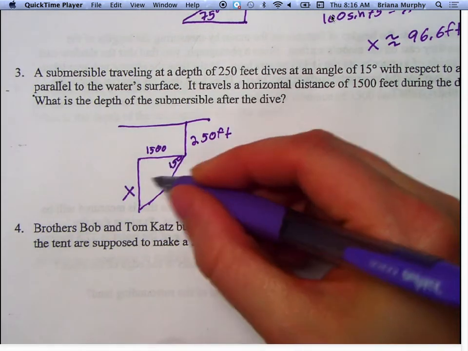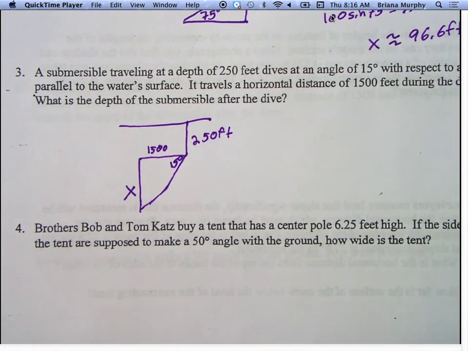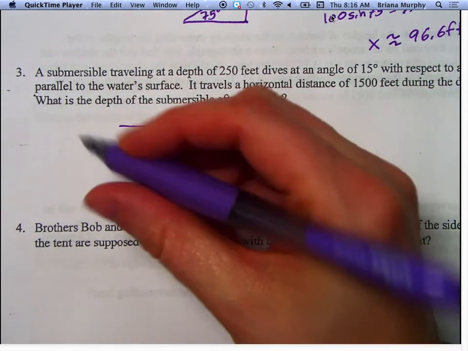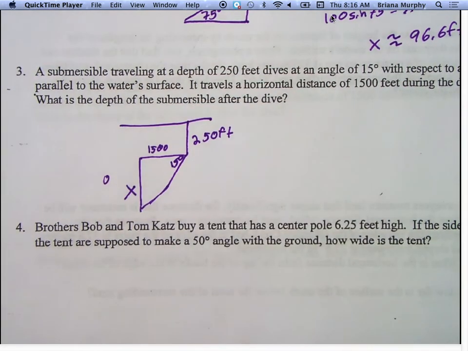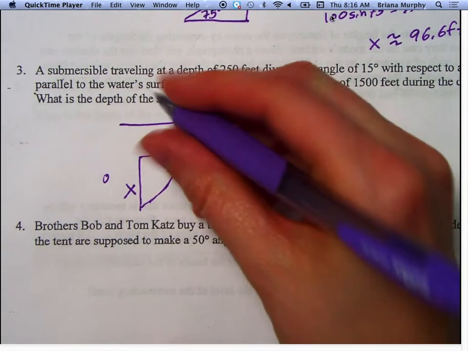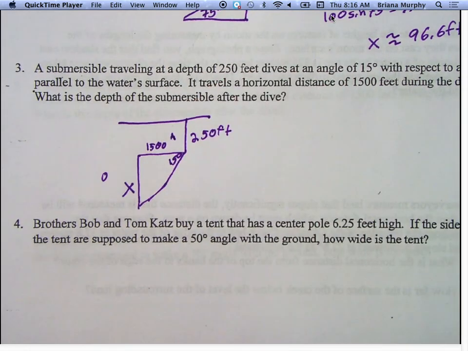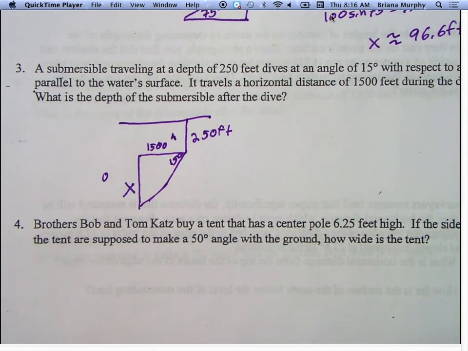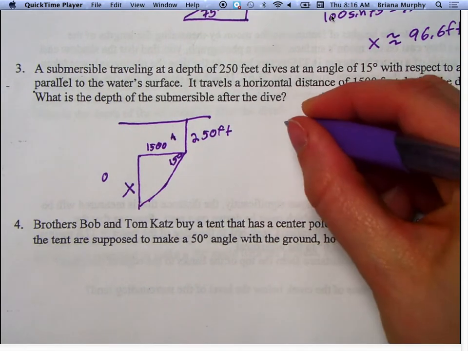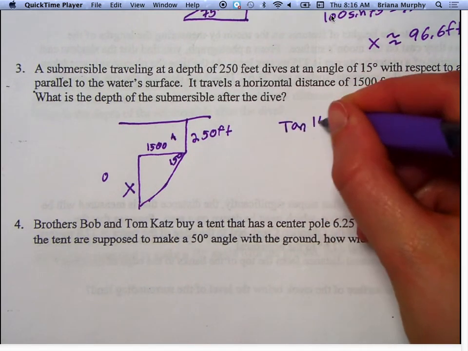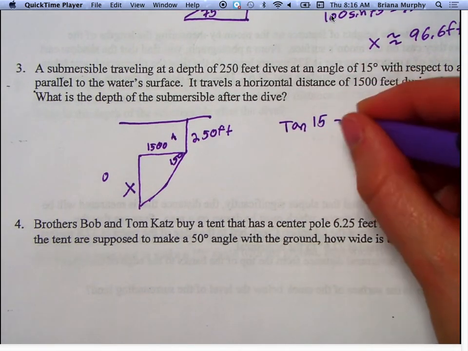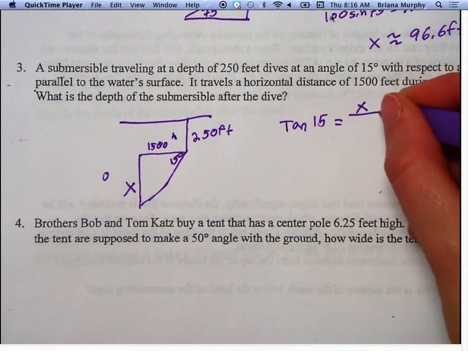Okay, what is x to 15 degrees? Opposite, adjacent, or hypotenuse? And what is 1,500? Adjacent. Okay, so we're going to use sine, cosine, or tangent? Tangent. So the tan of 15 degrees equals the opposite over the adjacent.